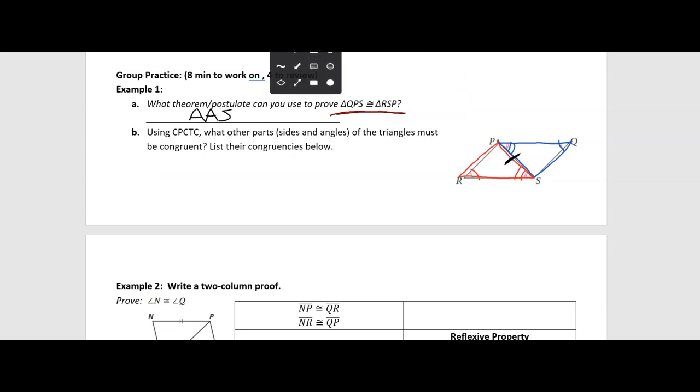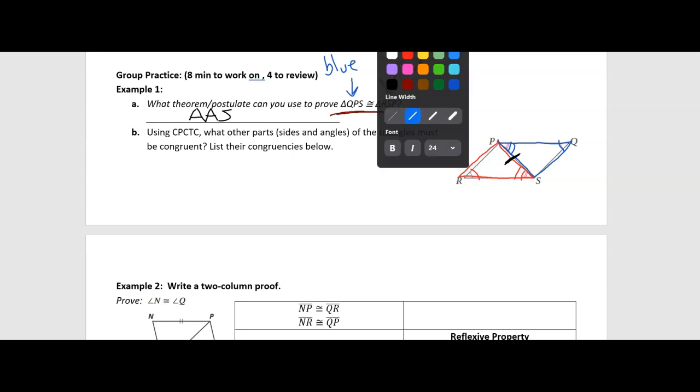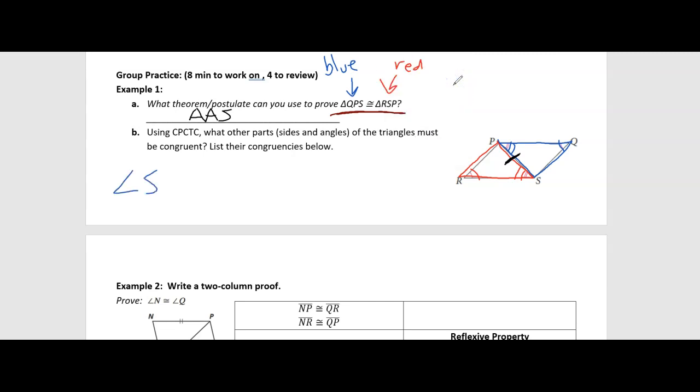This is the blue. This is the red. So I can say angle S from the blue is congruent to angle P from the red, because those match up.